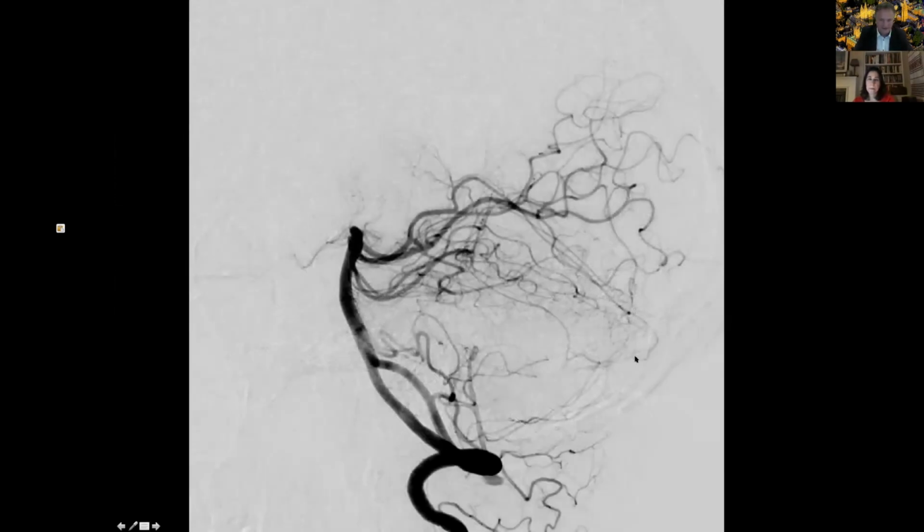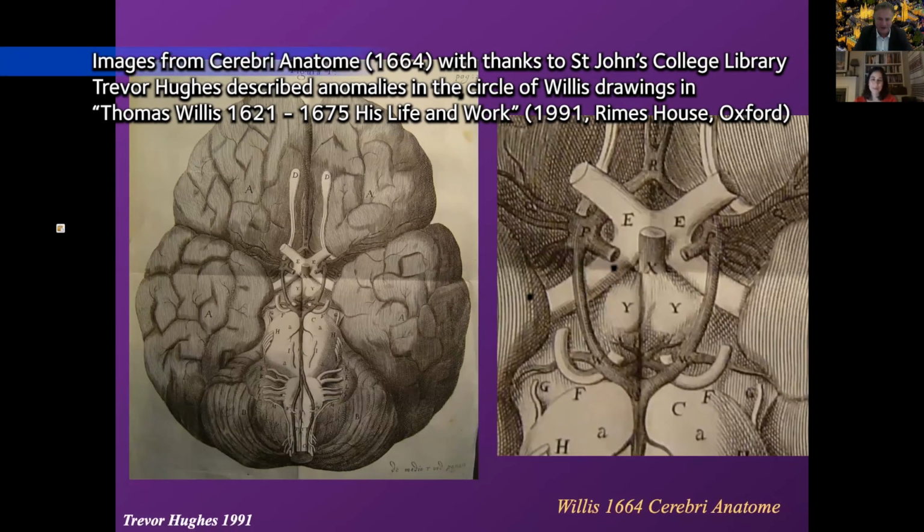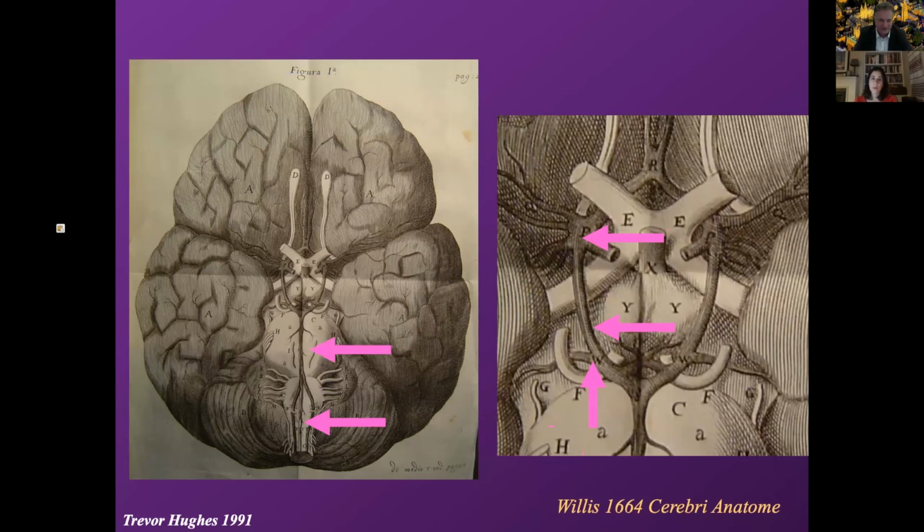So Willis got it all right. He didn't have the angiograms, but he got this right, perhaps with some exaggerations, which Trevor Hughes describes in his books. Some small inaccuracies, like Trevor Hughes said that you should have had more pontine blood vessels here.